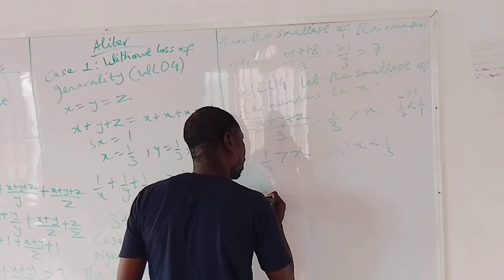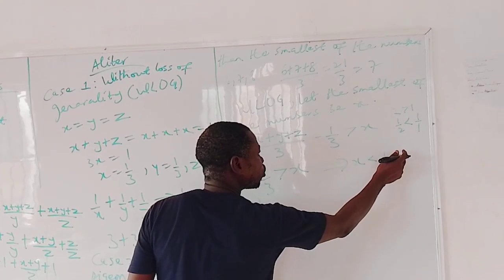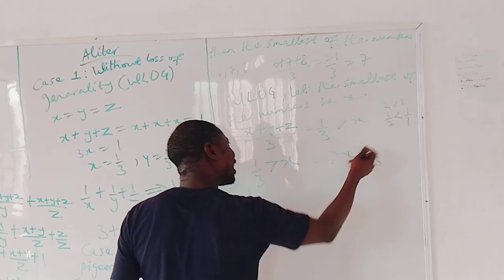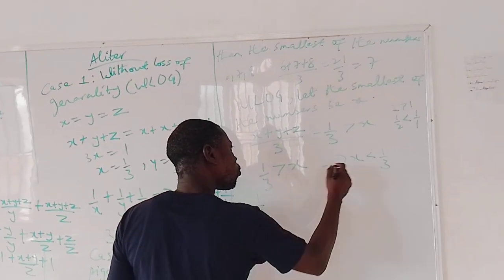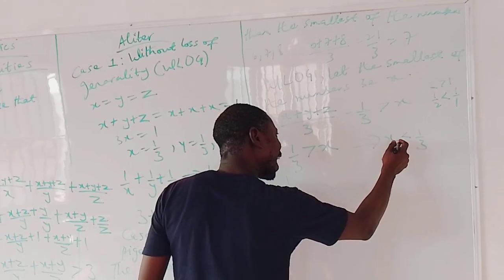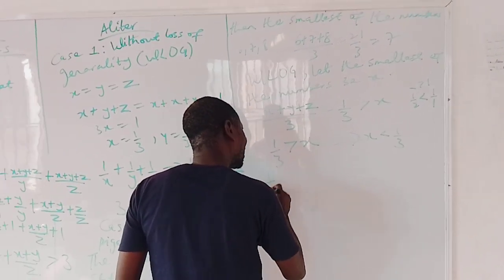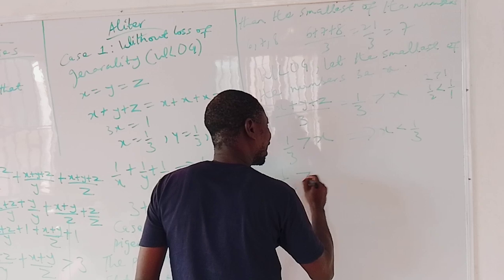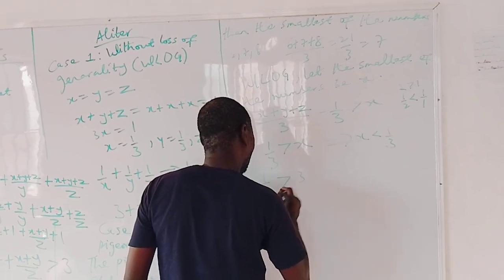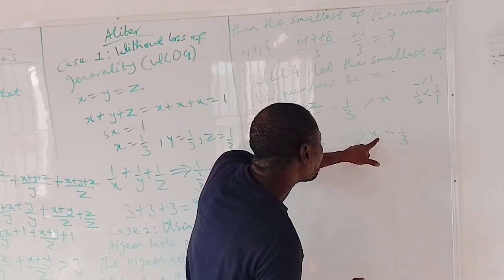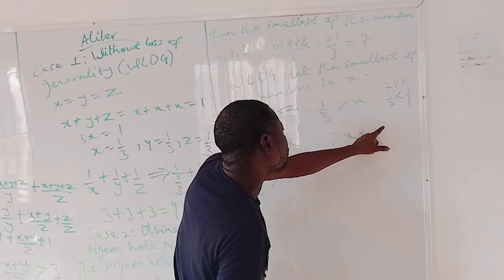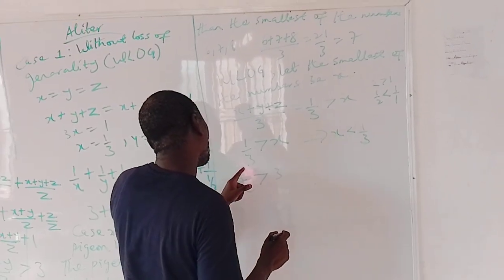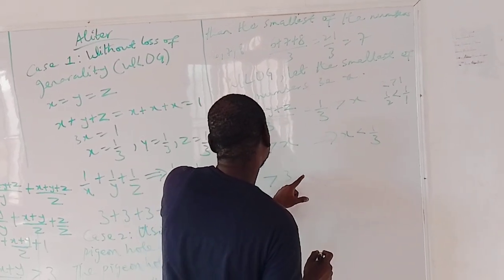So x is less than 1/3, and when we reciprocate we get 1 over x, which is obviously greater than 3. Because the reciprocal of x is 1 over x, and the reciprocal of 1 over 3 is 3. So 1 over x is greater than 3.